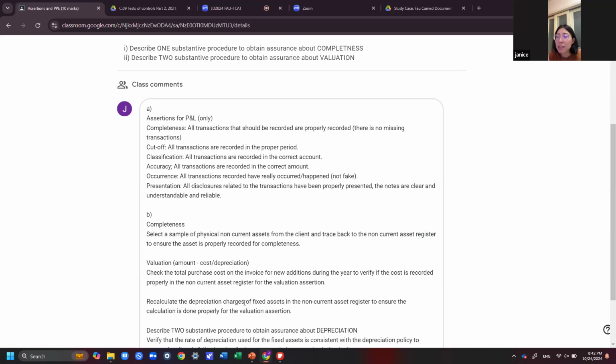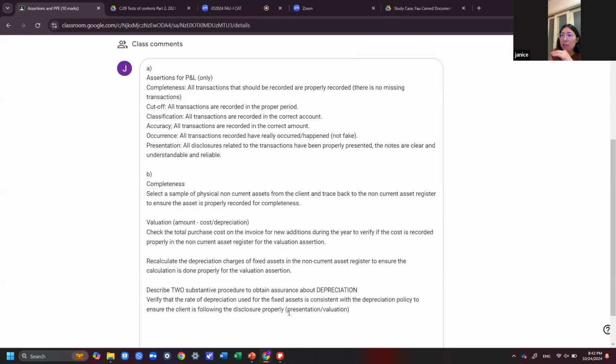So here I would say we calculate the depreciation charge of the non-current fixed assets to ensure the calculation is done properly for the valuation. So do you guys understand?